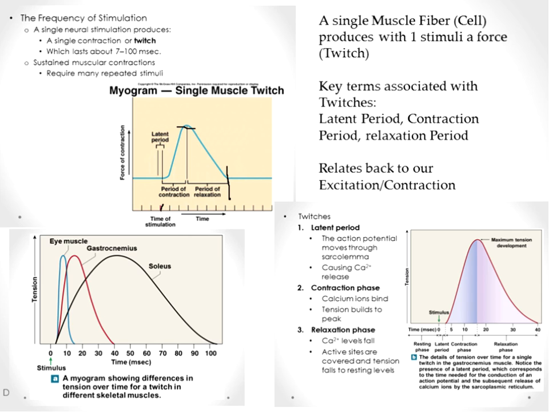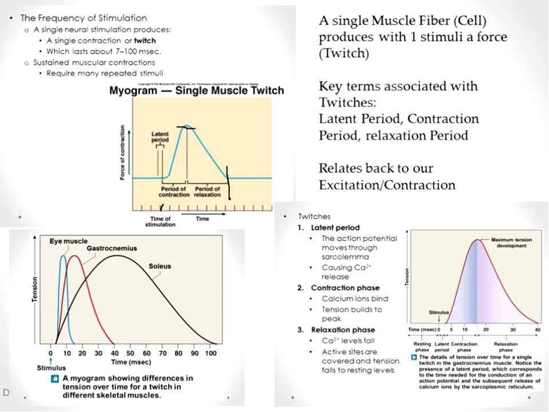All right? So when we take muscle from the quadriceps, the hamstrings, the biceps, the soleus muscle in your calf, the muscles in the eye, the muscles around your lips, and look at every individual muscle fiber, we see that not every muscle fiber twitches for the same amount of time.